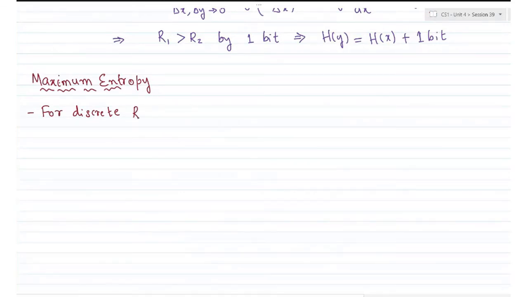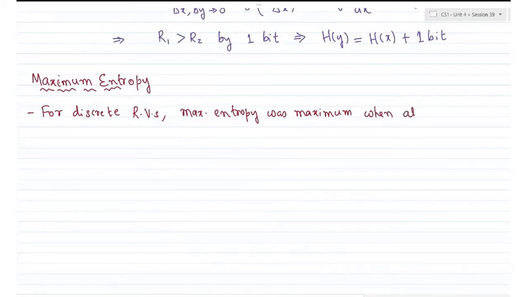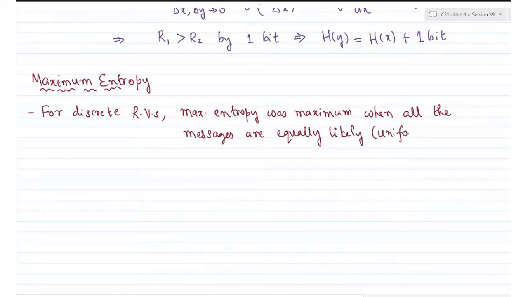For discrete random variables, we observed that entropy was maximum when all the outcomes or all the messages were equally likely, or we can say if they are uniformly distributed.